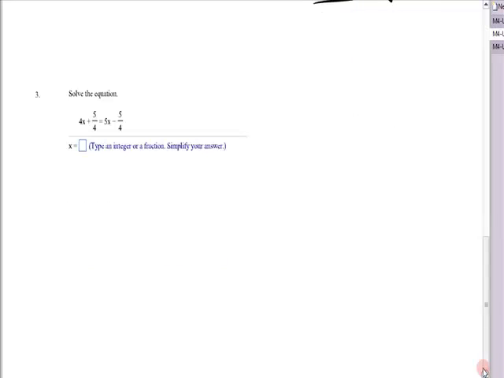All right, one more on this page, and I have 4x plus 5 over 4 is equal to 5x minus 5 over 4. I look at just the denominators. They're both 4s. So I'm going to multiply by a common denominator of 4.